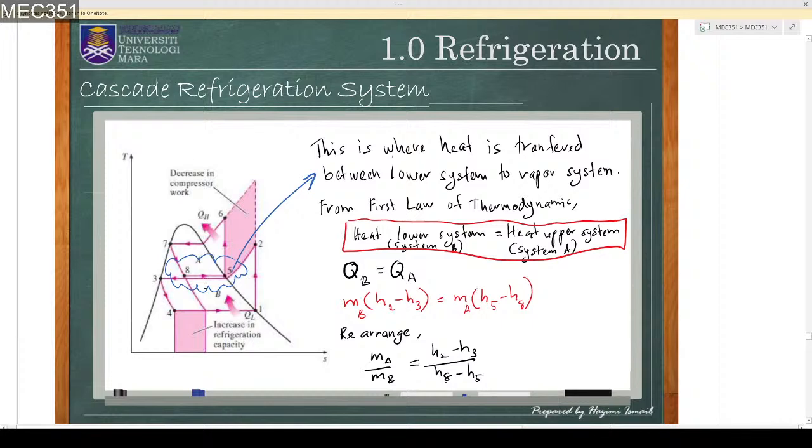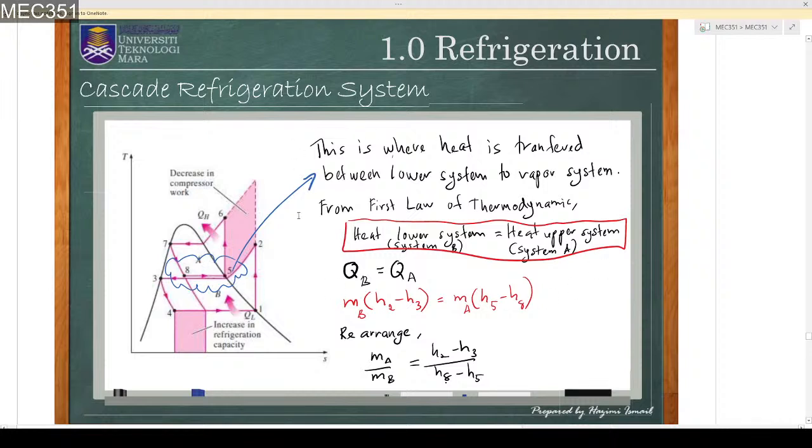So the analysis here is between the lower system, which is B. The heat transferred to A can be derived as this equation: heat Q from B is equal to heat QA, if there is no heat loss between those systems.